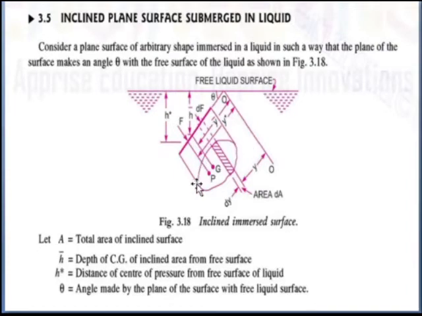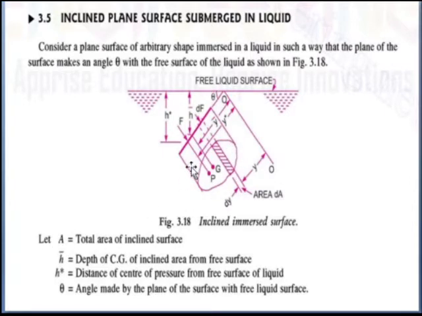Here is the plane surface of an arbitrary shape, making an angle theta with the free surface of the liquid. The area of this inclined surface is indicated by capital A.